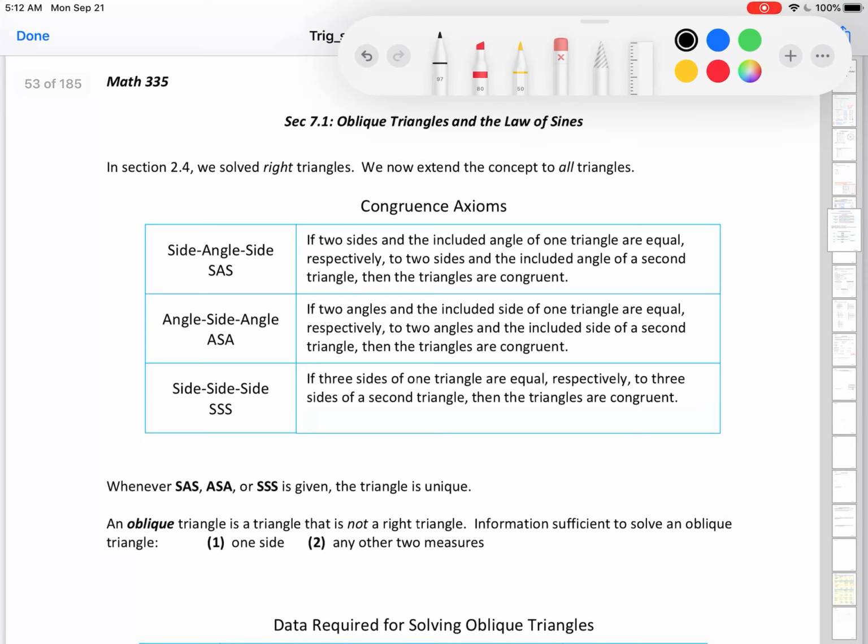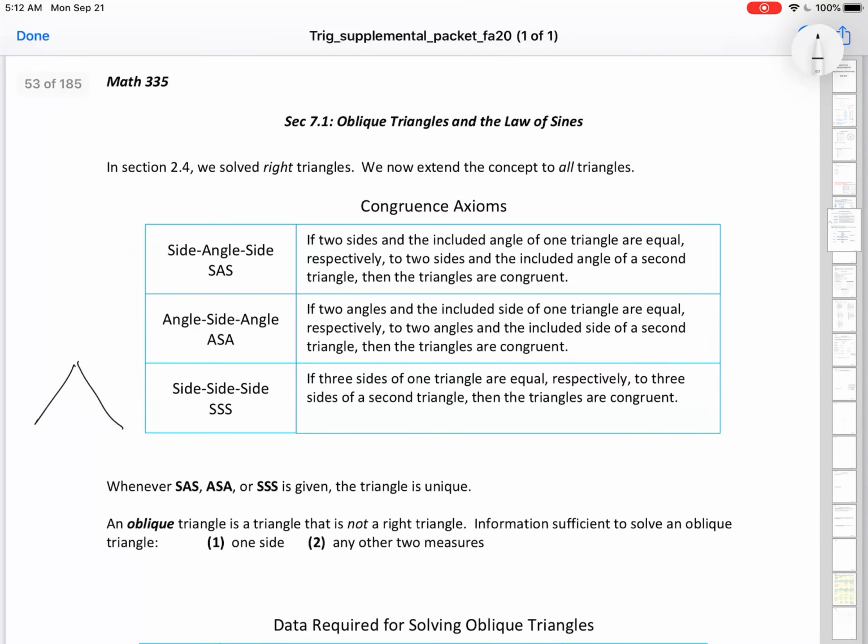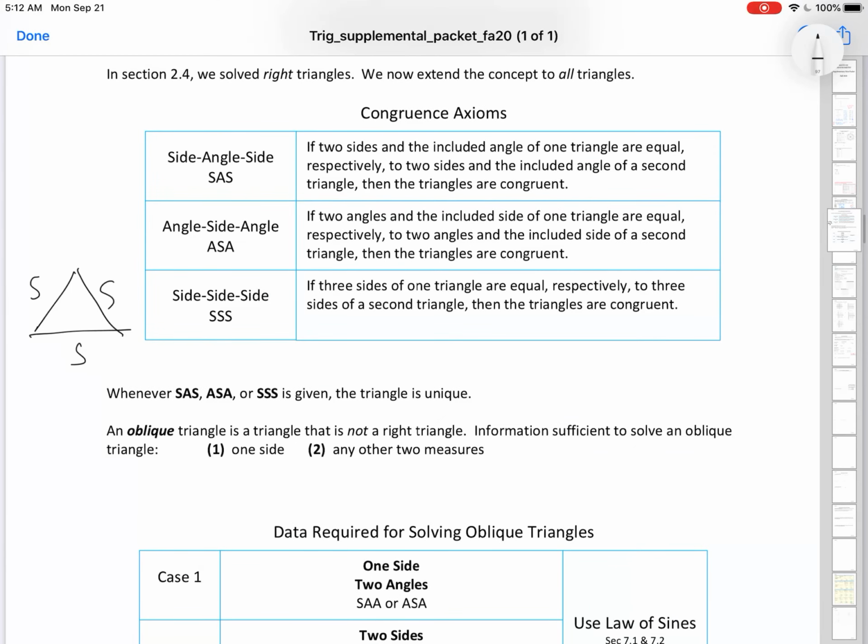No angles, but if you know the three sides, then the triangles are congruent as well. What we do know, though, is if the three angles are equal, then they're similar triangles, but we can't say that they're directly equal. So whether we have side, angle, side, or angle, side, angle, or side, side, side, the triangle is unique, meaning we can solve for it.